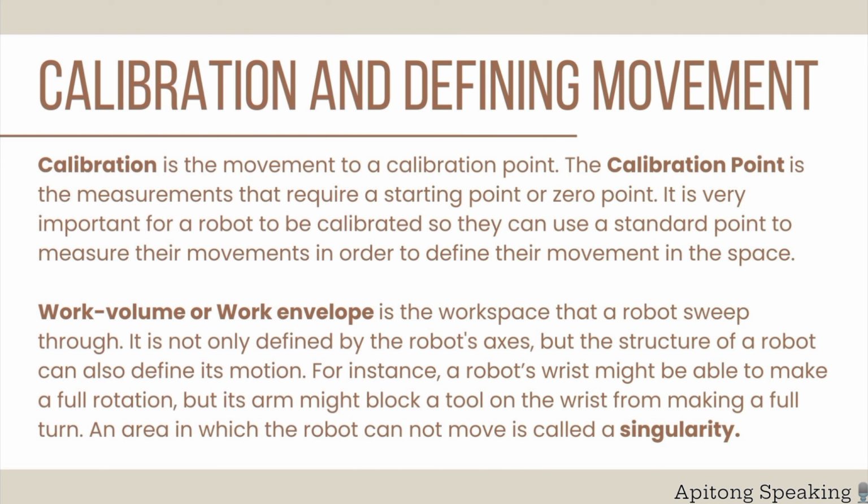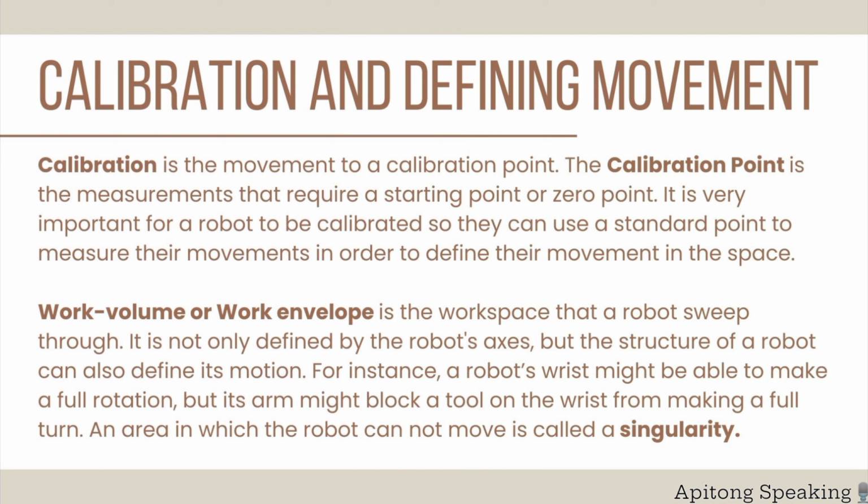With calibration, it is very important for a robot to be calibrated so they can use a standard point to measure their movements in order to define their movement in space. So measurements in robots are very essential since that is the means by which the system verifies if the requirements that the robot needs to perform are met.